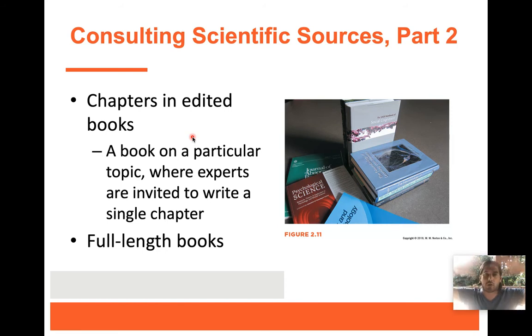We need a much larger scale encapsulation of this topic. So I'm going to edit an edited volume on bilingual language development, and I am going to invite 20 experts in the field to write a chapter, right? So anywhere from 20 to 30 to 40 pages on their little sliver of expertise on bilingual language development.